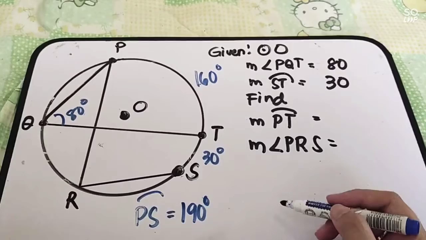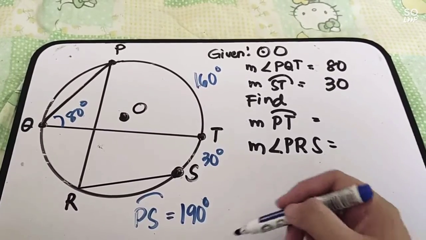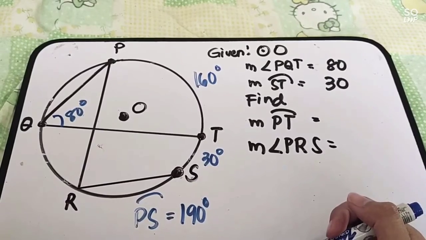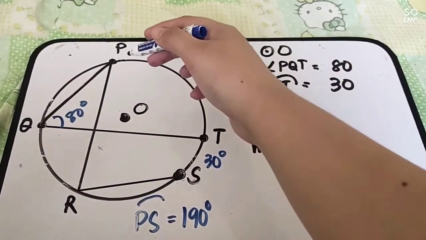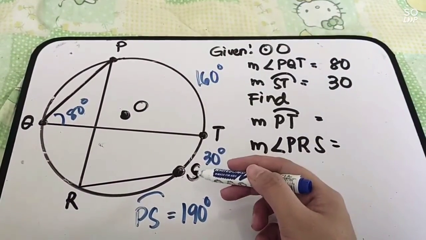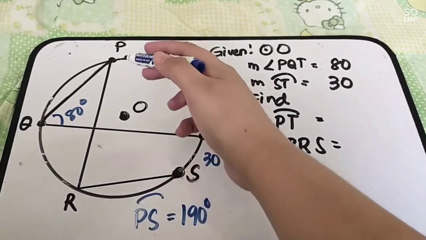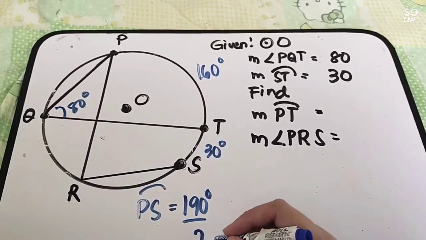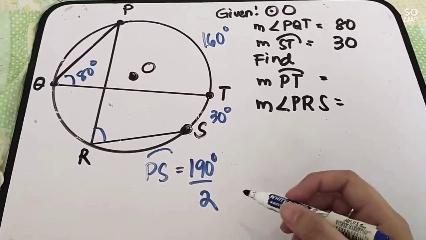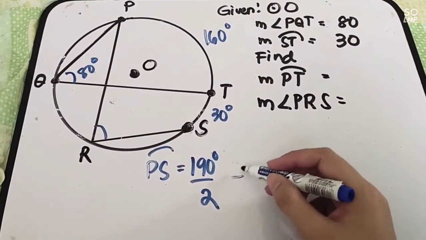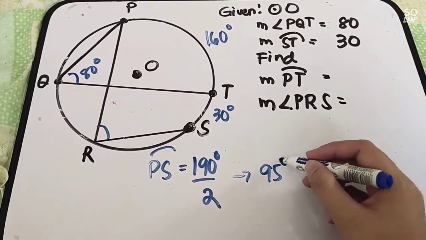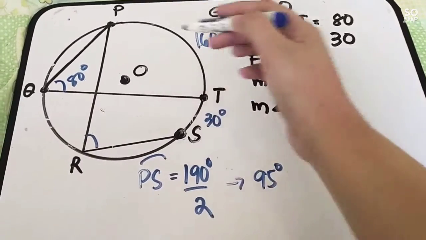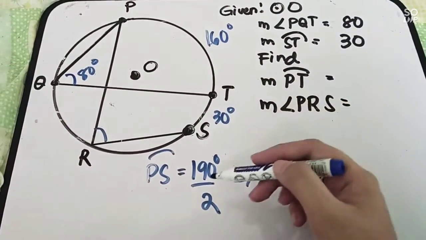Did you get it? So, gumamit naman tayo ng arc addition postulate dyan. Nakuha na natin yung kanyang intercepted arc. Therefore, let us find the inscribed angle by dividing 190 by 2. The answer is 95 degrees. So, arc PS is 190.